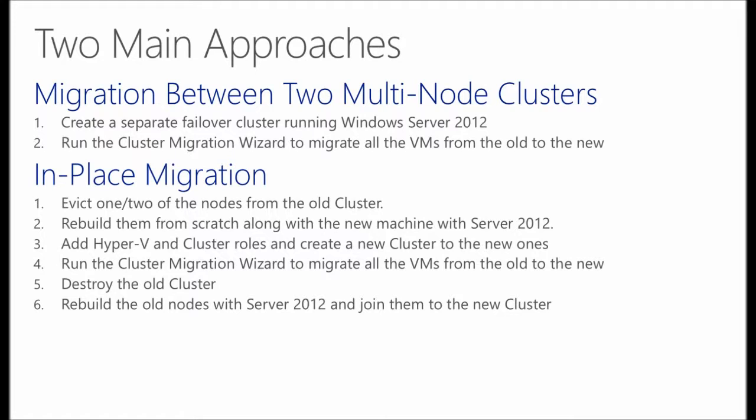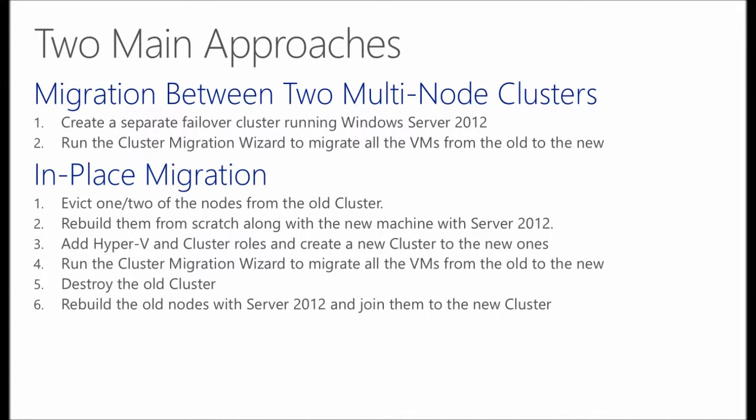Now there's another approach, probably more common to people who have less hardware, or have limitations on how much hardware you can get in your environment. It depends on how many nodes you have in your cluster. You might have a 2-node cluster or 4-node cluster. What you do is you evict 1 or 2 nodes, depending on how many VMs you have running and how many services and applications you have in your old cluster.